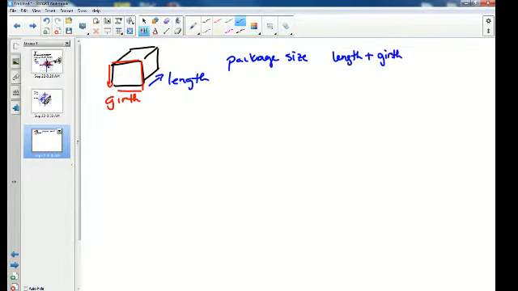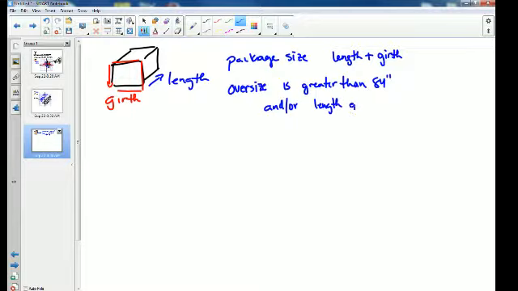An oversized package is greater than 84 inches in dimension, or the length is greater than 60.